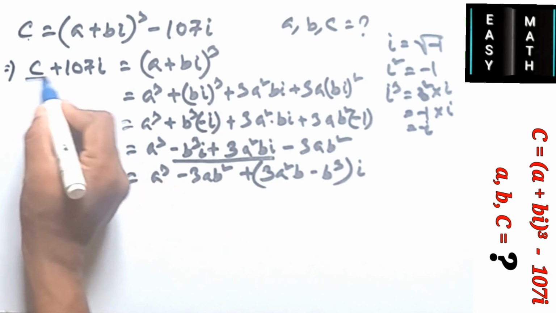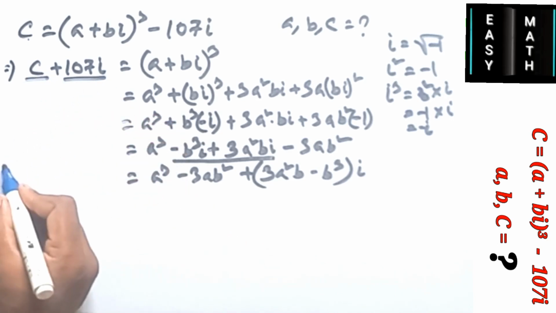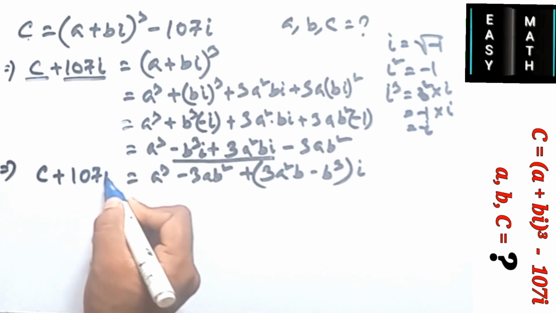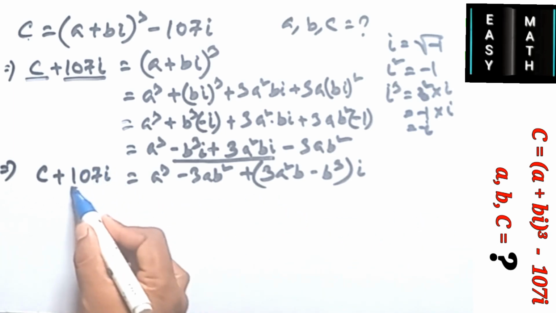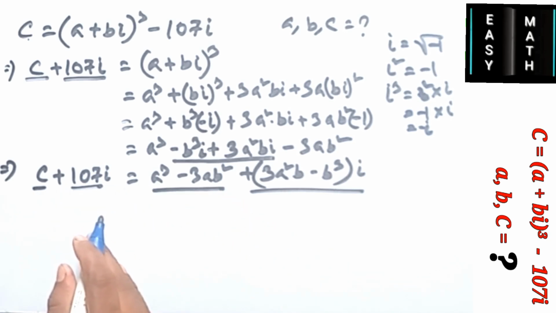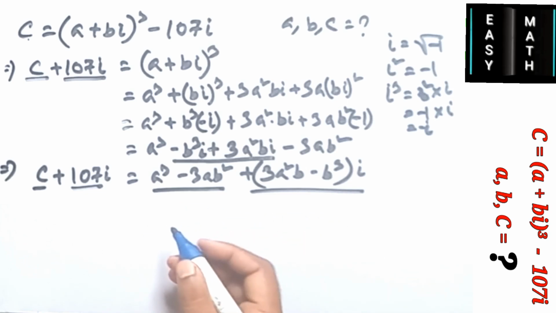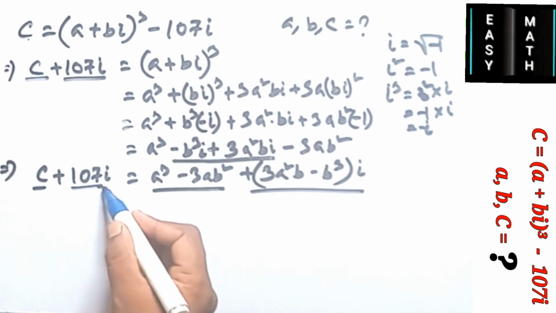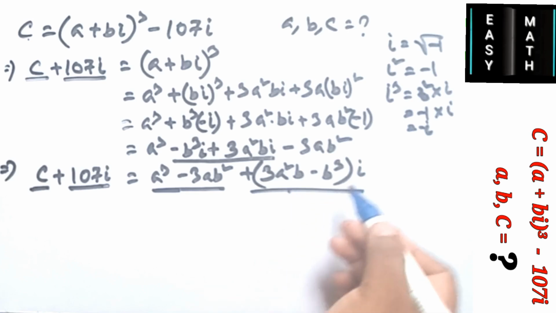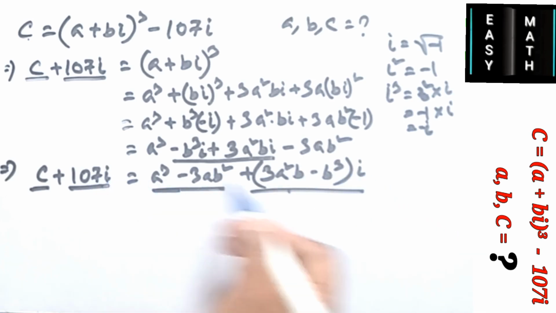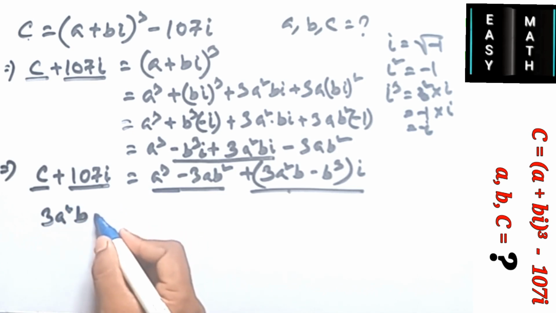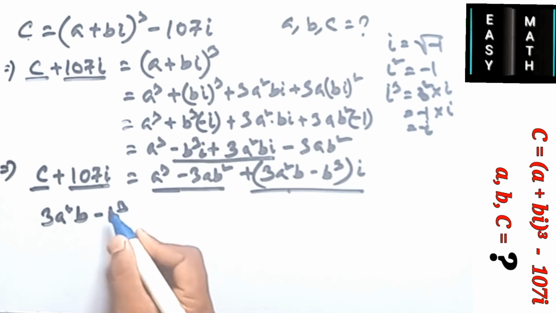So there is the C, so this equals, we can write C plus 7i, and so this part is i, so this part is i, and this part is C, so this part is C. So now again we can write this part equal to this, and this part equal to this, so this is i and this is i, so 3a squared b, and this is b cubed.